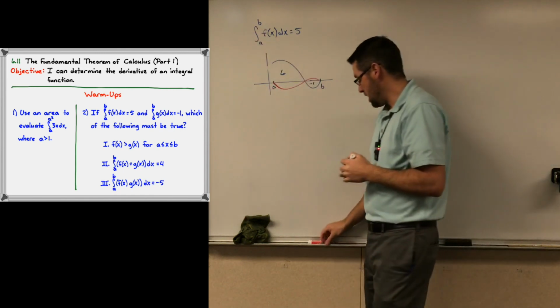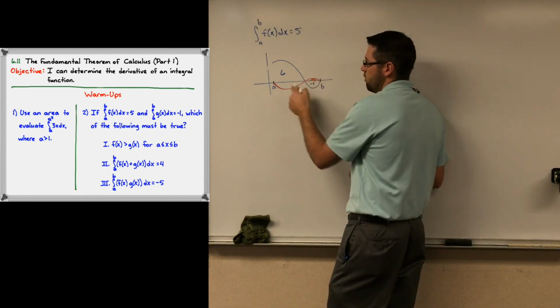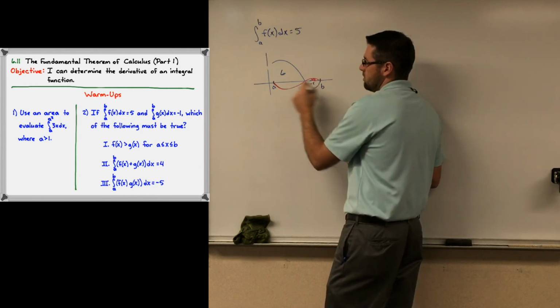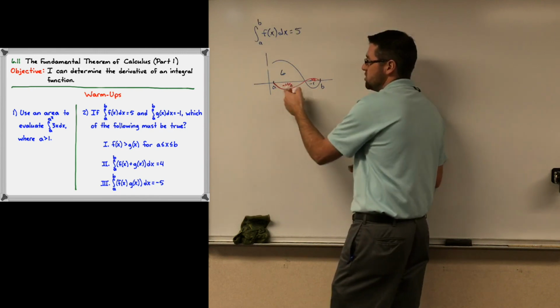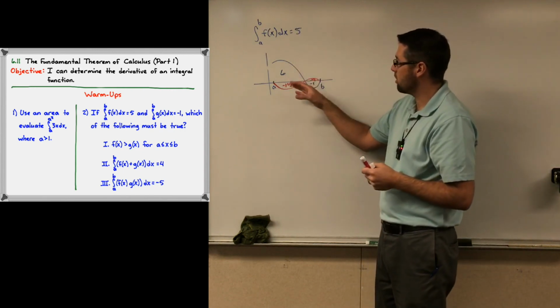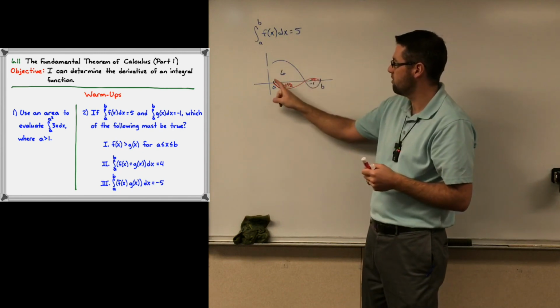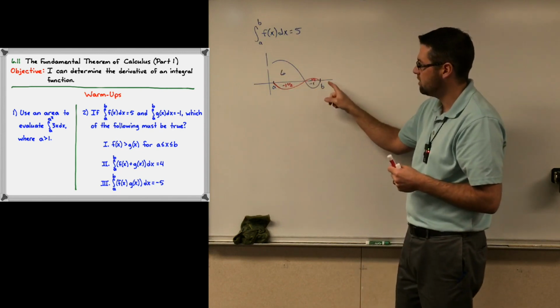Okay. Let's say this is, I don't know, 1/2, that area. What would this have to be? -1.5 for G to give an integral of -1, right? So that would work. The integral of f from A to B is 5. The integral from A to B of G is -1.